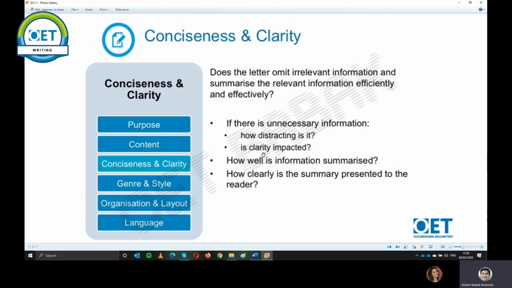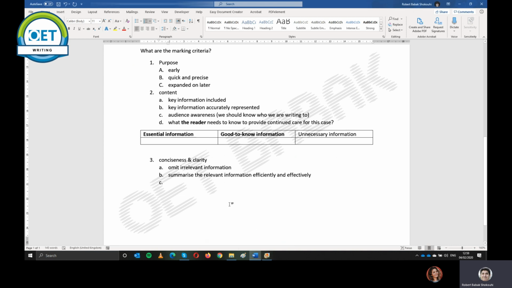So the question is, how well is the information summarized and how clearly? Basically, efficiently is how well, effectively is how clearly. If irrelevant information is included, how distracting is it?